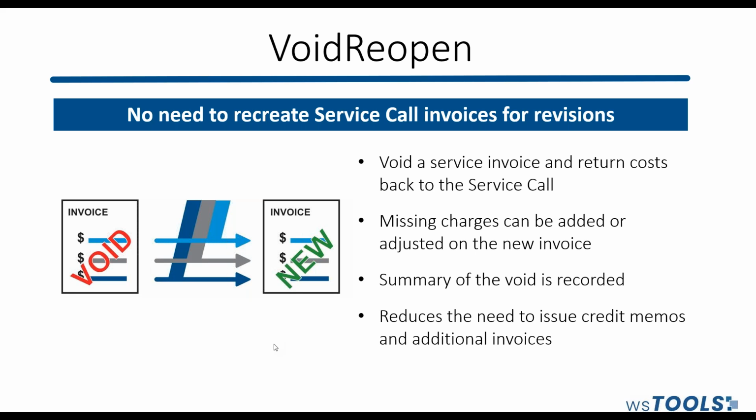You go through the regular process of voiding a transaction in receivables like you would in regular GP. Void that transaction, and then it'll ask you the additional question, do you want to also void it back in service?